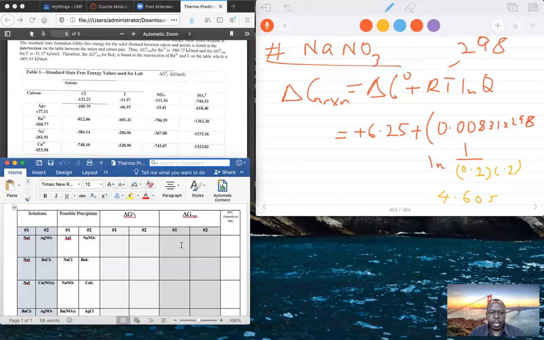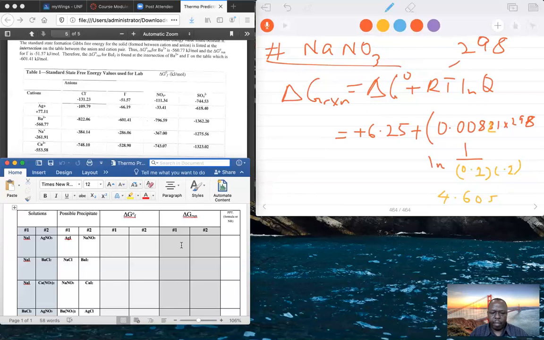Once I did the ln of 100, times 298, all right, times 0.008. This is 2, not 3. I meant to say this is 2. 1, that is the universal gas constant.